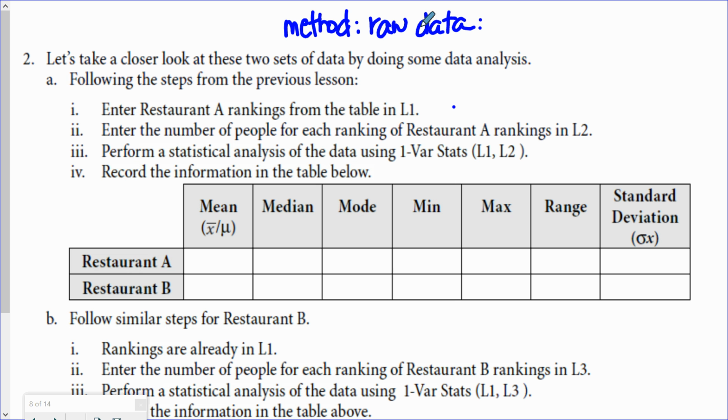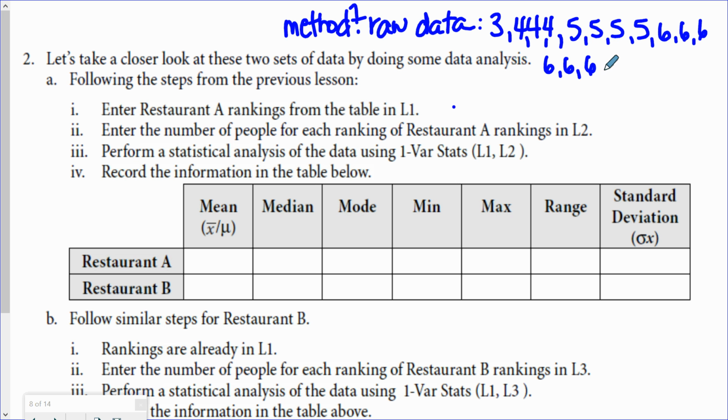For restaurant B, your raw data would be 3, 3, 3, 4, 4, 4, 4, 5, 5, 5, 5, 6, 6, 6, 6, 6, 6, 7, 7, 8. Okay, so that's your raw data.